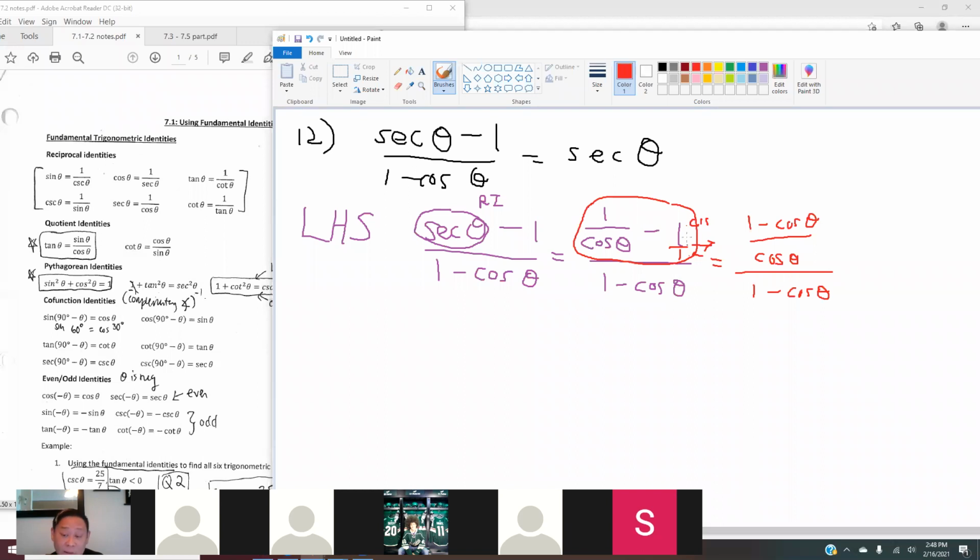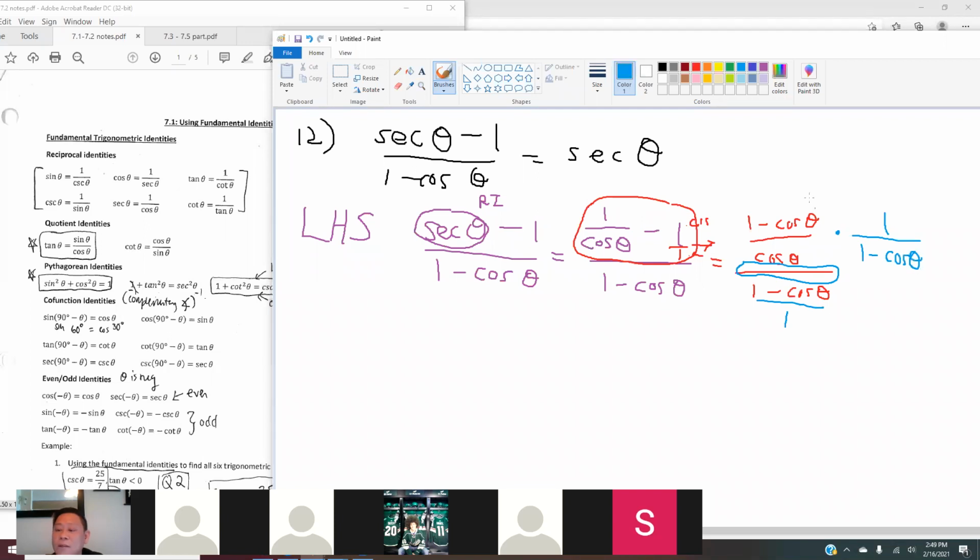What next? Yep, this is correct. You multiply this to make them the same. Does anyone know what to do when you divide with a fraction? Multiply by the reciprocal. This is over 1. What's the reciprocal of this? It becomes what? 1 over 1 minus cosine theta, right?